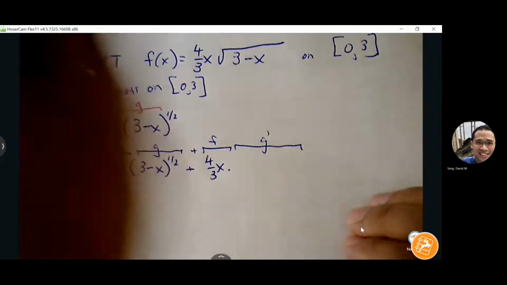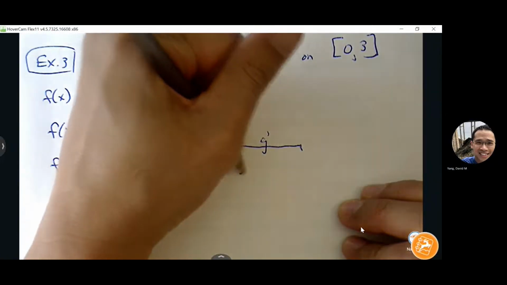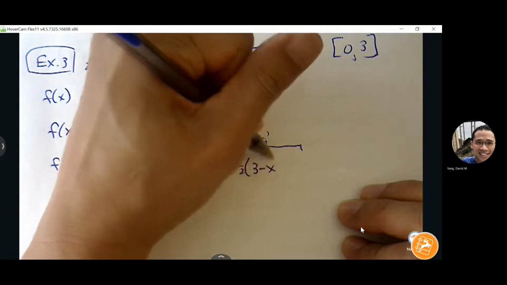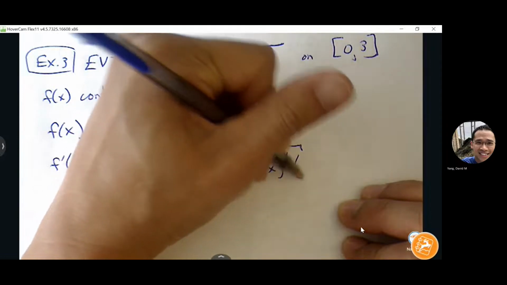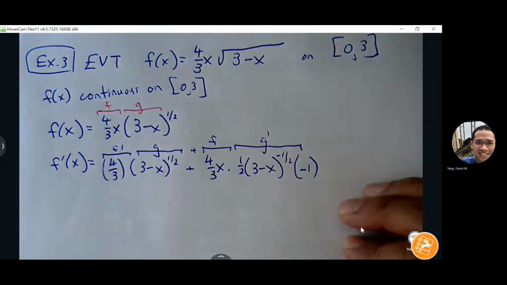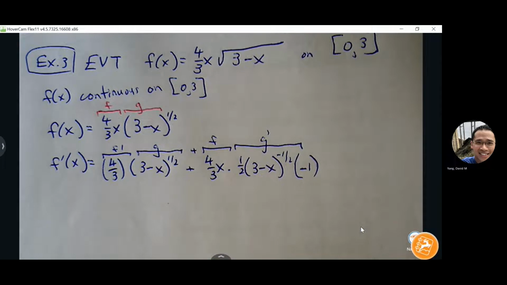Chain rule here. Outside's derivative times inside's derivative. Okay, good so far?